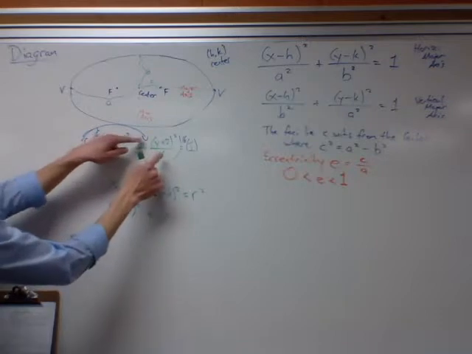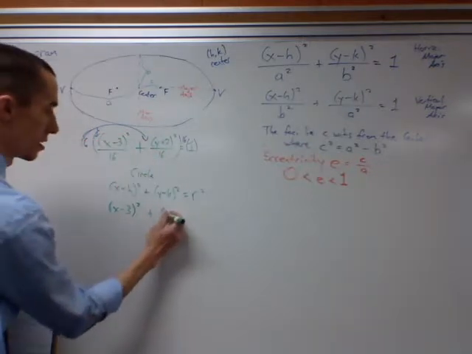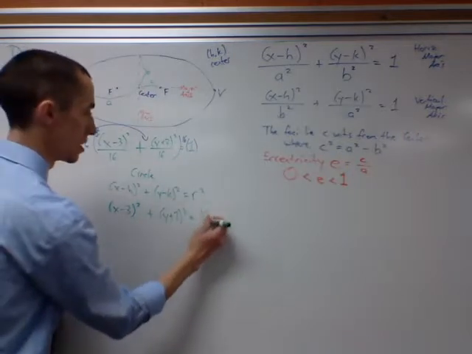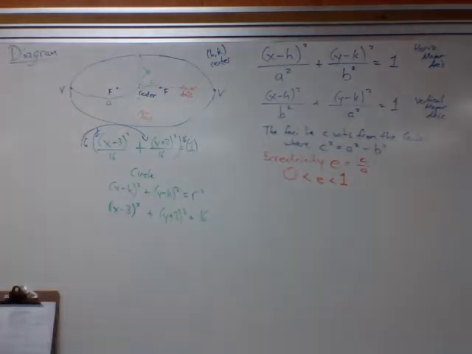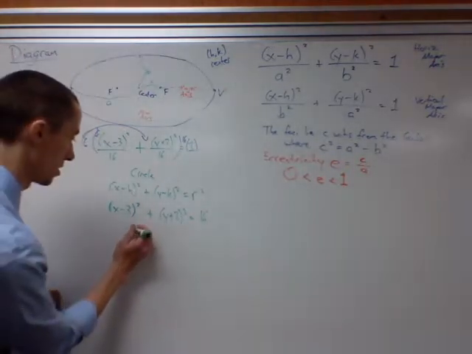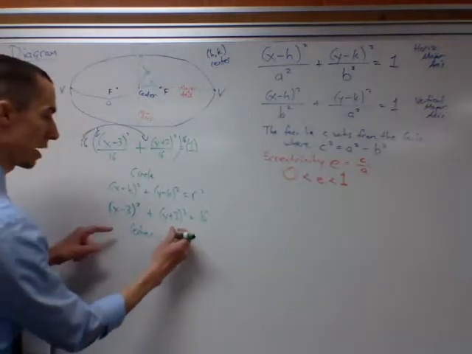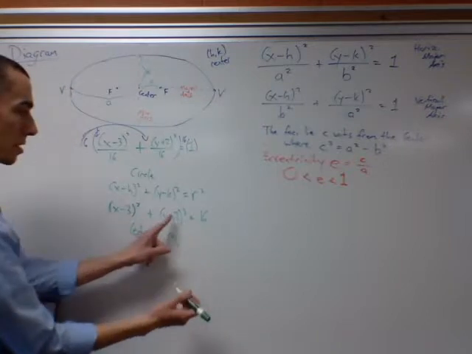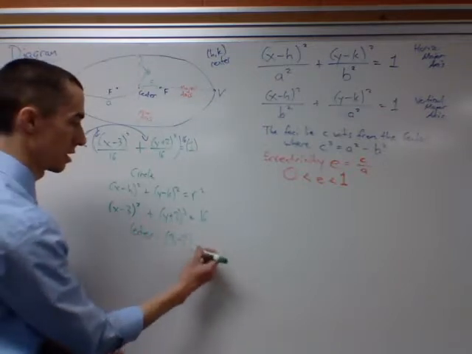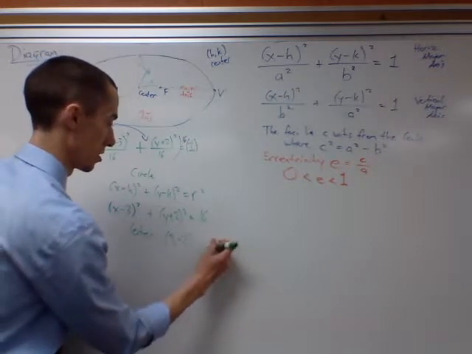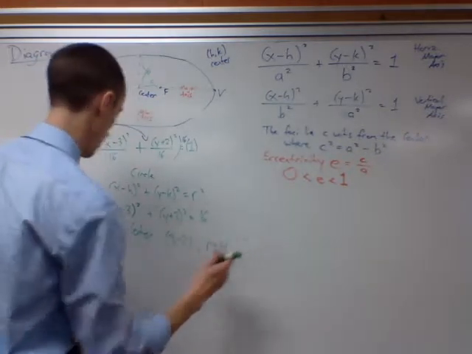This 16 will cancel with the 16 in that denominator, y plus 2 squared. 16 times 1 is 16. So the center for this circle will be at 3, comma, negative 2, and the radius will be the square root of 16, which is 4.